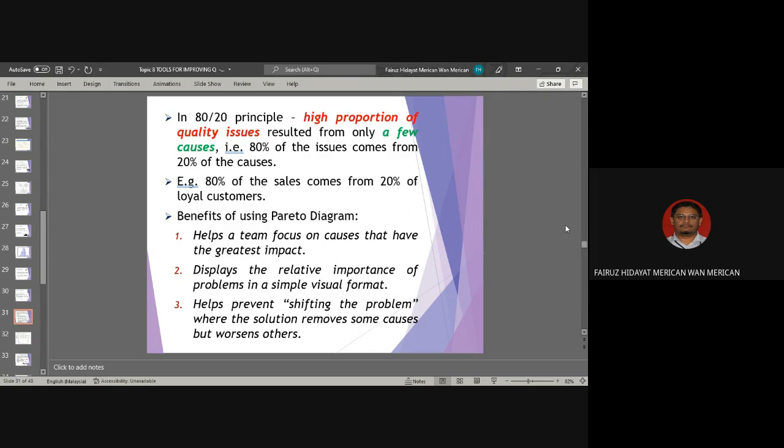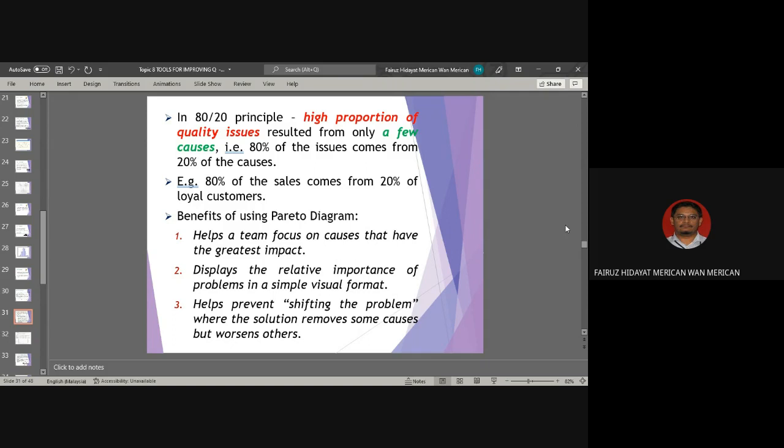So only 20% of the major factors will result in 80% of the quality issues. So they call it the major factors or the vital factors. And 20% of the quality issues are resulted from 80% of the unimportant or the insignificant factors or minor factors.